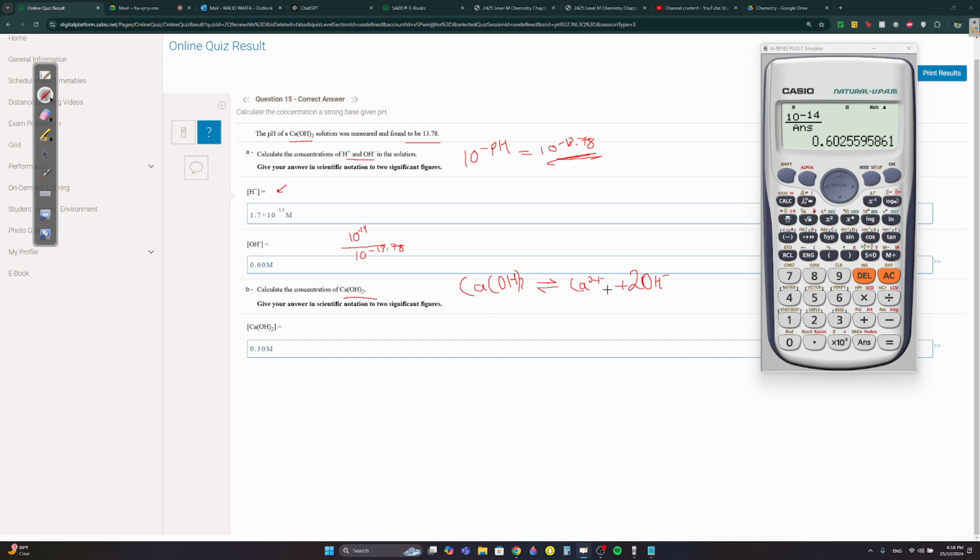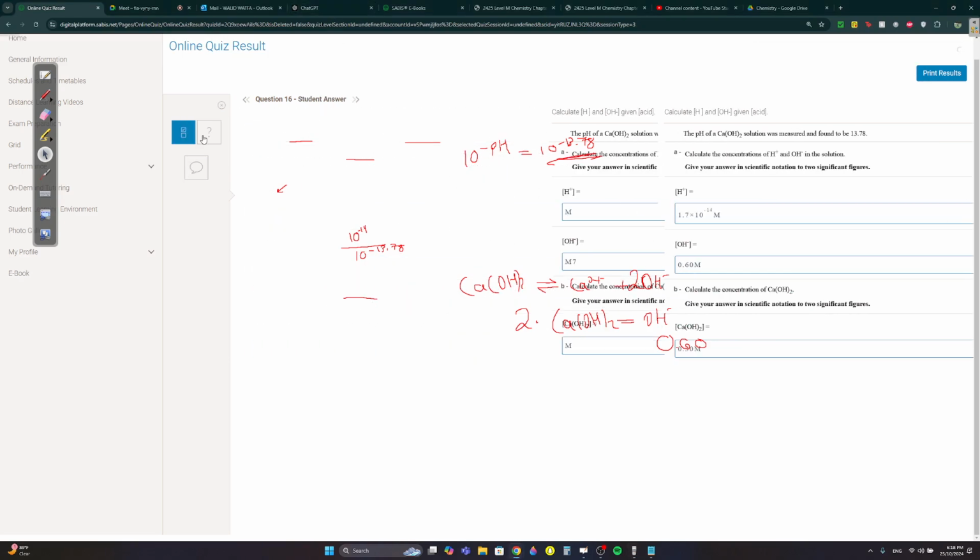So that means the concentration of OH is 2 times Ca(OH)2, right? So 2 times Ca(OH)2 gets me the concentration of OH minus, right? And this OH minus is 0.60, so we have to divide by 2 to get the Ca(OH)2. So it's the answer we got, divide by 2, you get 0.30, to 2 significant figures.